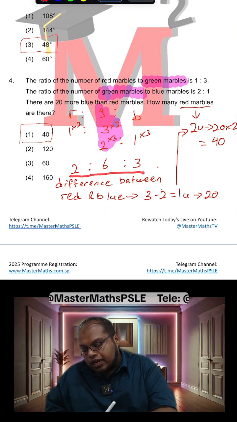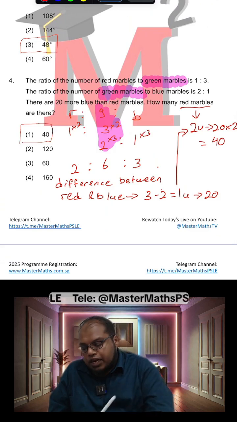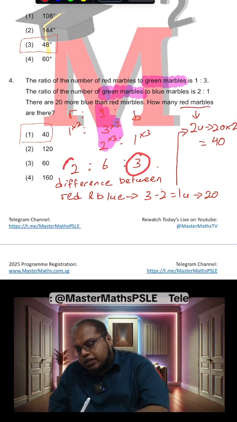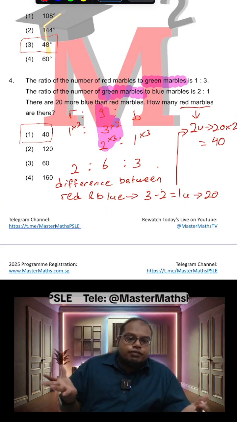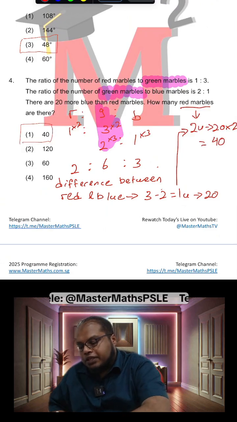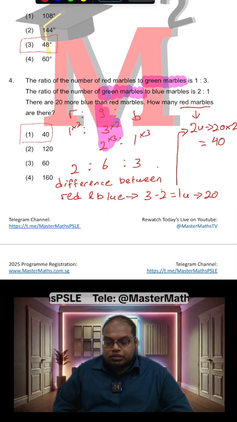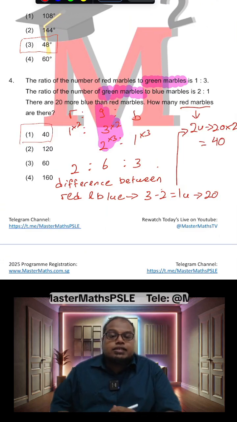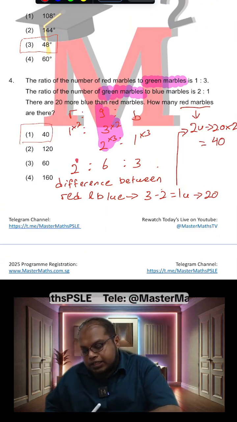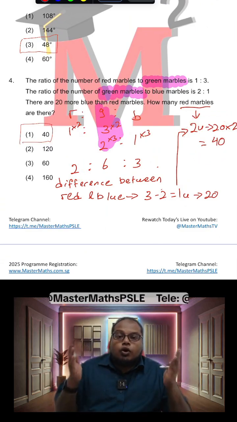And because of that, I ended up with 2 is to 6 is to 3. The difference between red and blue is the difference between these 3 and these 2. That's how I record 1 unit. Why we use the difference? Because they mention there are 20 more blue than red marbles. So 1 unit is 20 and they're asking for red. Red is this 2. So 2 times 20 is 40.